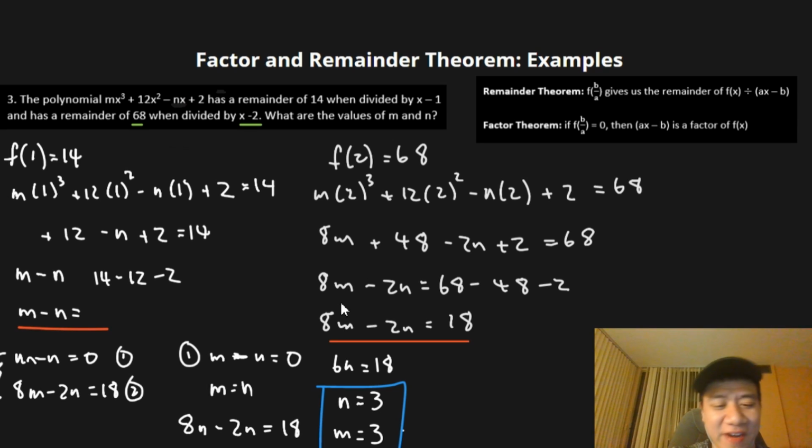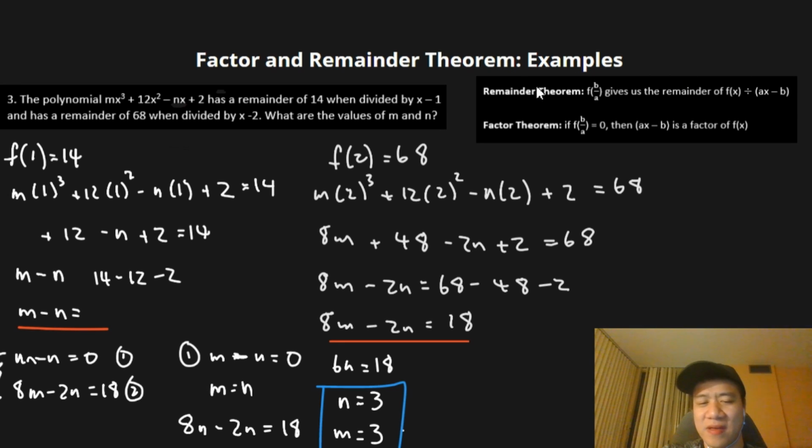Just to reiterate how we went about this: in the beginning, we used the same concept as before for the remainder theorem. Nothing really changed. We know that if we divide our polynomial by x minus 1, we get 14, which means from the remainder theorem, if we substitute 1, our corresponding value, then we will get 14.